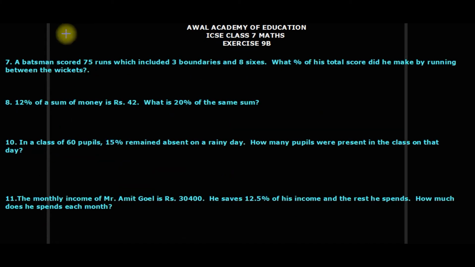Here the question is: a batsman scored 75 runs which included 3 boundaries and 8 sixes. What percent of his total score did he make by running between the wickets? Running between the wickets means, so here total runs, how many?